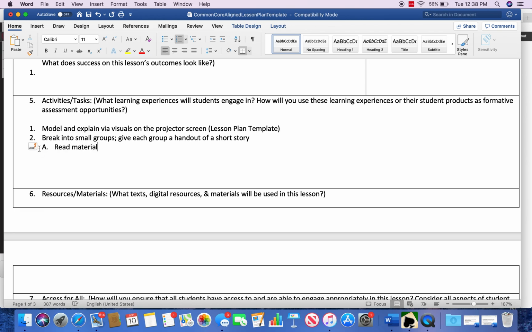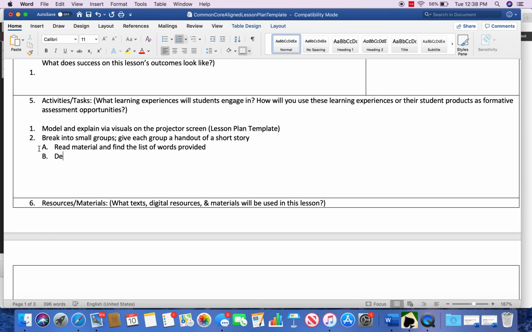So they break into groups, and for step number 2A, they are going to read the material and find the list of words provided by the teacher. Then they're going to determine as a group, remembering they're working as a group, the meaning of those words or phrases.